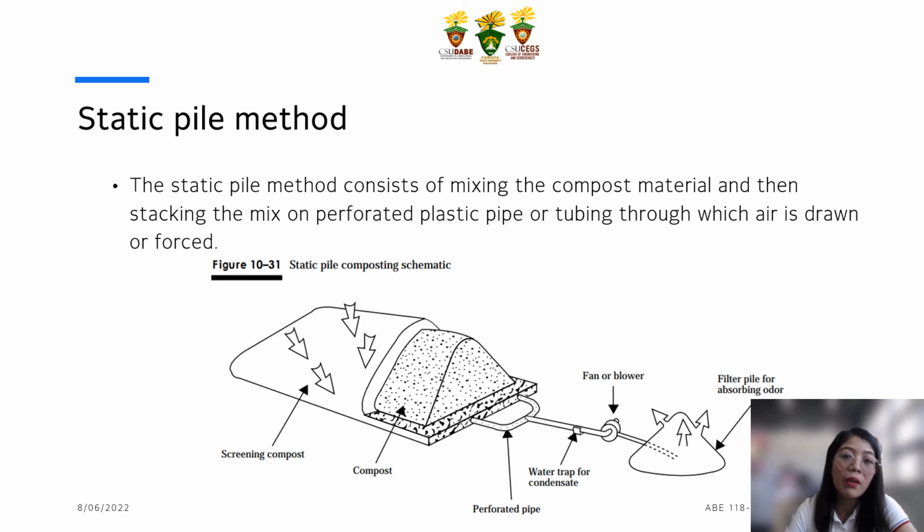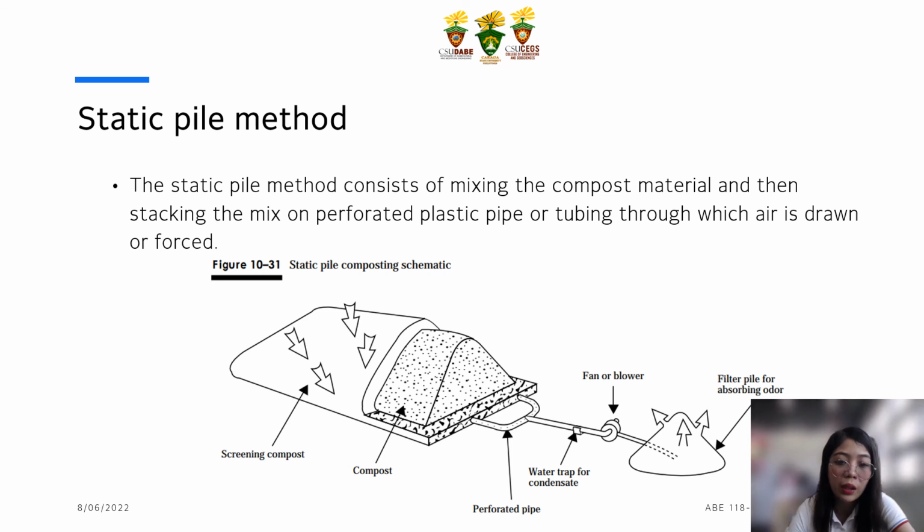Individual piles generally are spaced about half the height apart with forced air. Air movement through the pile occurs by suction, or vacuum, or positive pressure, through perforated pipes or tubing. A filter pile of material is normally used to absorb odor if air is sucked through the pile.